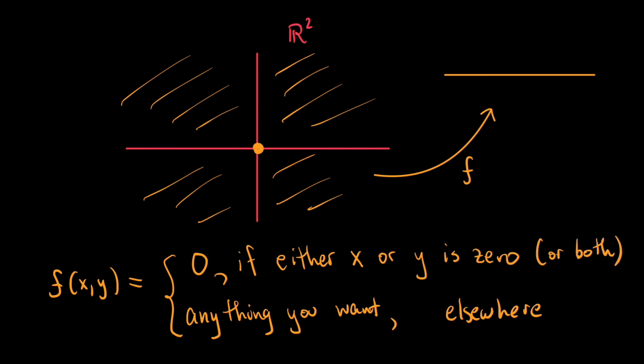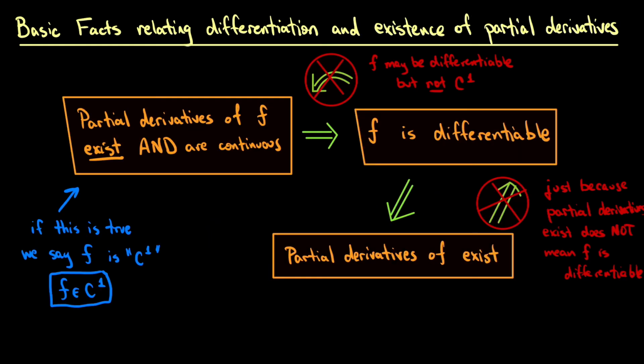Okay, I could even make f have a jump discontinuity across here. I can make it be 17 here, 8 here, 6 here, and 3 here, and then 0 on the coordinate axis. The partial derivatives exist, but if I try to approximate that function by an affine function in this ball, you'll see there's no way that you can do it. So that's why you can't go back this way.